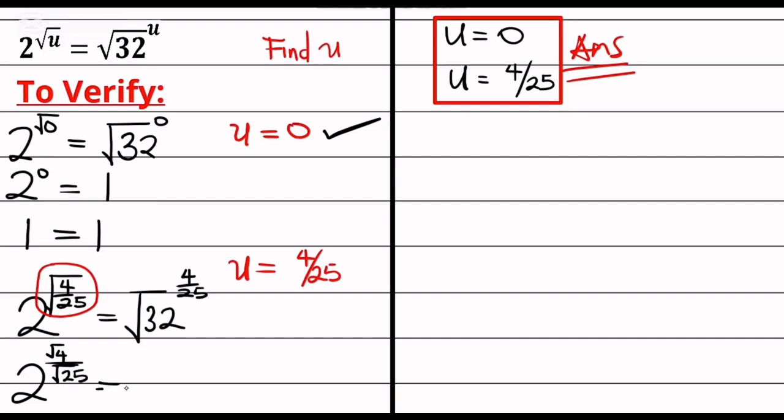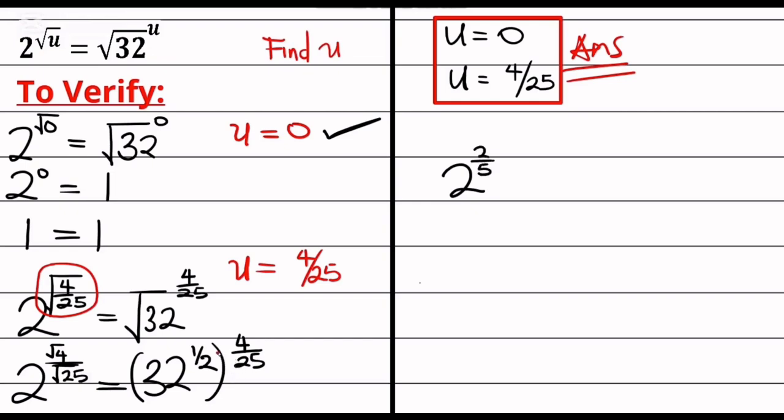And here also, this square root is just the same thing as the power of half. So we have 32 raised to the power of half. Put this in parentheses, then the former power, which is 4 over 25, is still there. Now from here, the square root of 4 is 2. The square root of 25 is 5. Considering the positive value, we now have 2 raised to the power of 2 over 5.